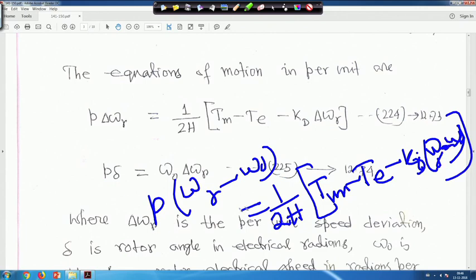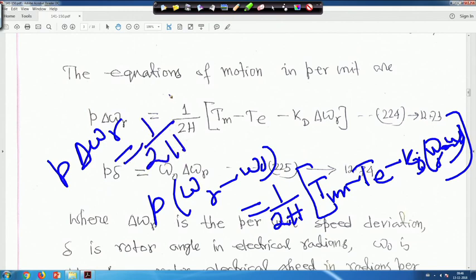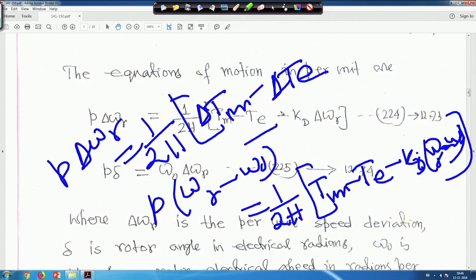Now, if you take the small perturbation on both sides, then what will happen? Then it will be p into delta omega r, where this is your reference speed omega 0. So, p into delta omega r is equal to 1 upon 2H into delta T m, then delta T e, and again minus K d into the small perturbation of omega r minus omega 0, that is K d delta omega r.